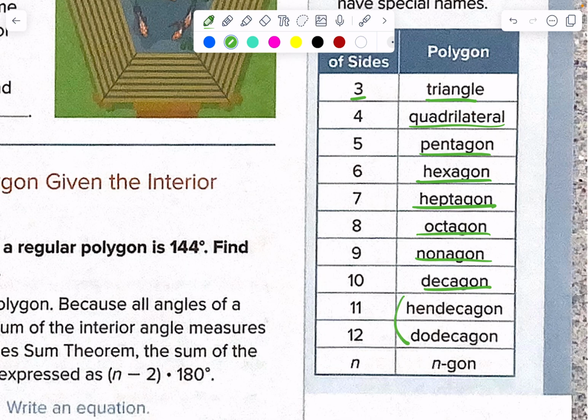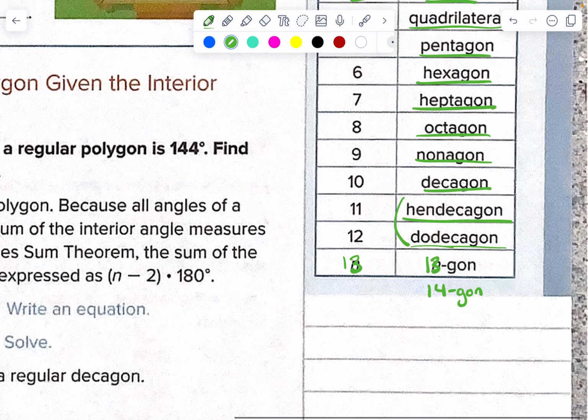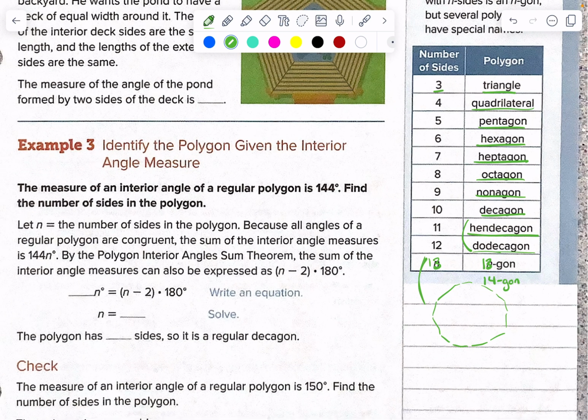And then these you probably didn't know. 11 is a hendecagon, 12 is a dodecagon, and anything 13 or larger would be like a 13-gon or a 14-gon or a 15-gon, etc. If it has 13 or more sides, it's going to look almost like a circle because it has that many sides. So you rarely ever see anything larger than 12, because the straight sides are so small.